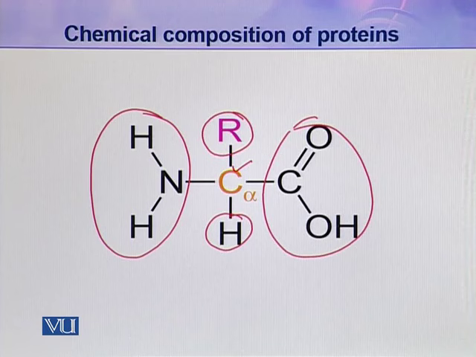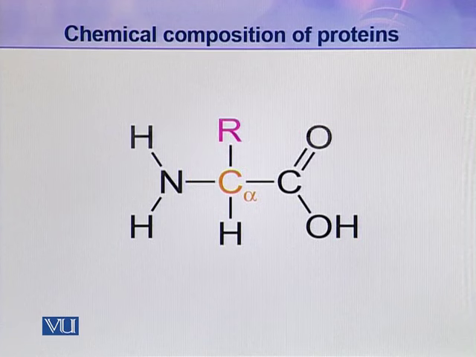If you see the structure of an amino acid, you will find that in all the amino acids all these things are constant. I mean all the amino acids have a carboxylic group, an amino group and one hydrogen. So what is variable? This R group is variable. In the 20 different amino acids, 20 different types of R groups are present, and these 20 R groups make 20 different types of amino acids.